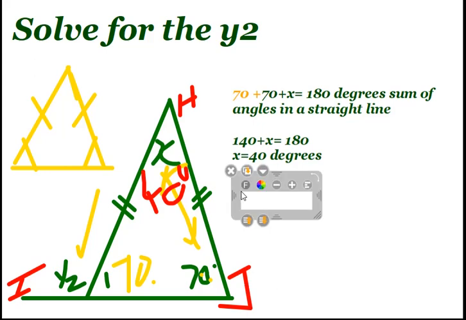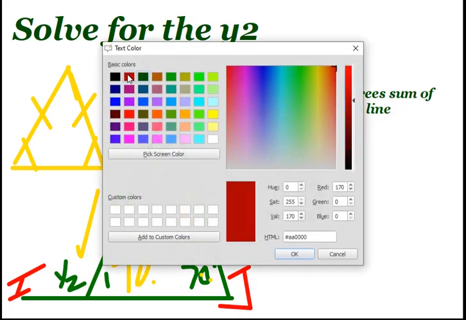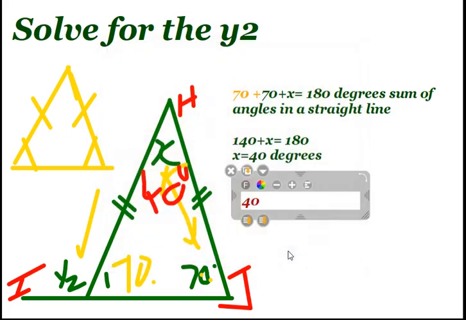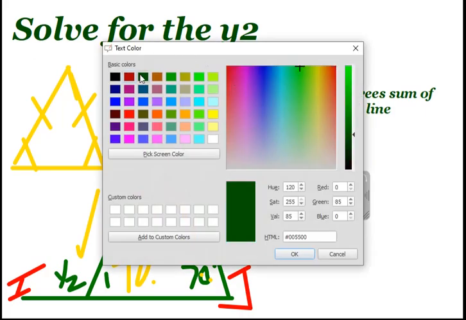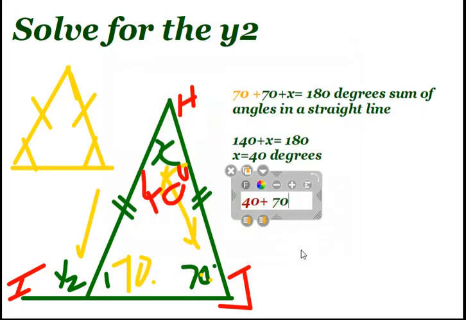So that 40 degrees we just got, so it's 40 plus 70 degrees is equal to y2. And if we make y2 the subject of the formula, we get that 40 plus 70 is equal to 110.